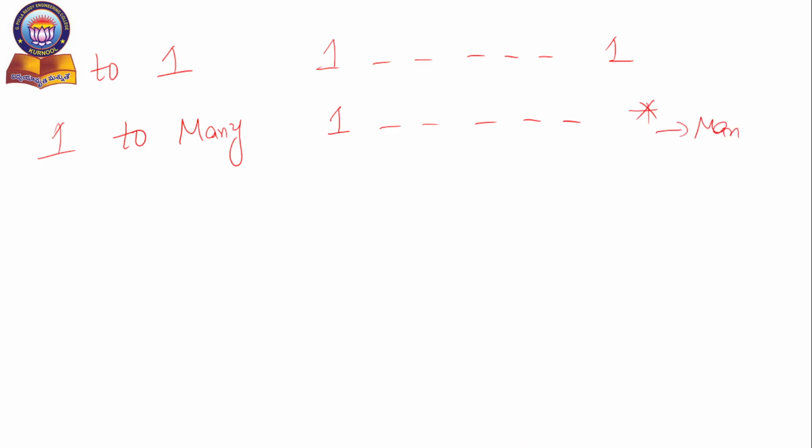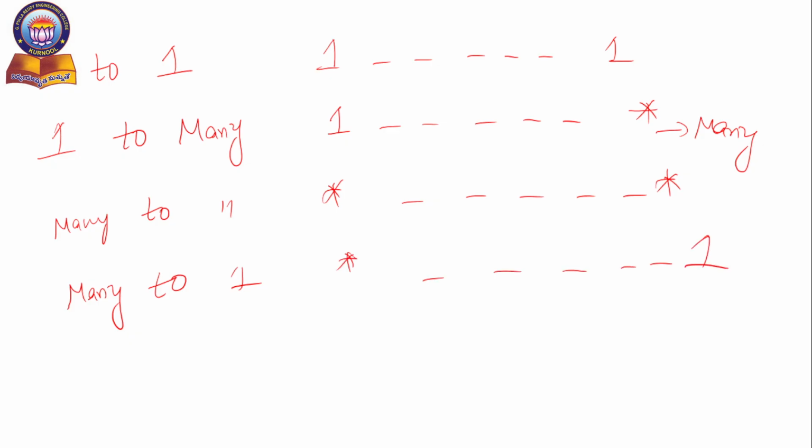One-to-one relationship will be represented by a symbol like this, meaning 1 to 1. Next, one to many. One to many symbol will be represented like this, 1 to many. The star symbol represents many. Next, many to many. The symbol will be represented like this. Next, many to one.